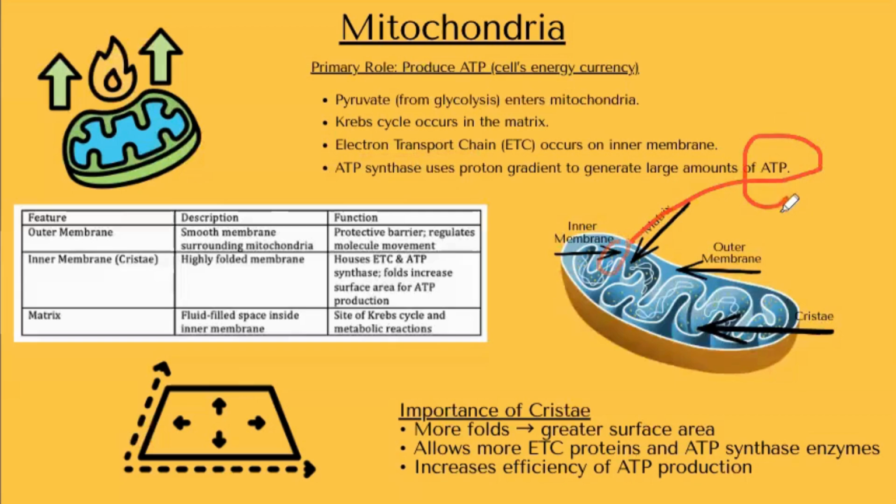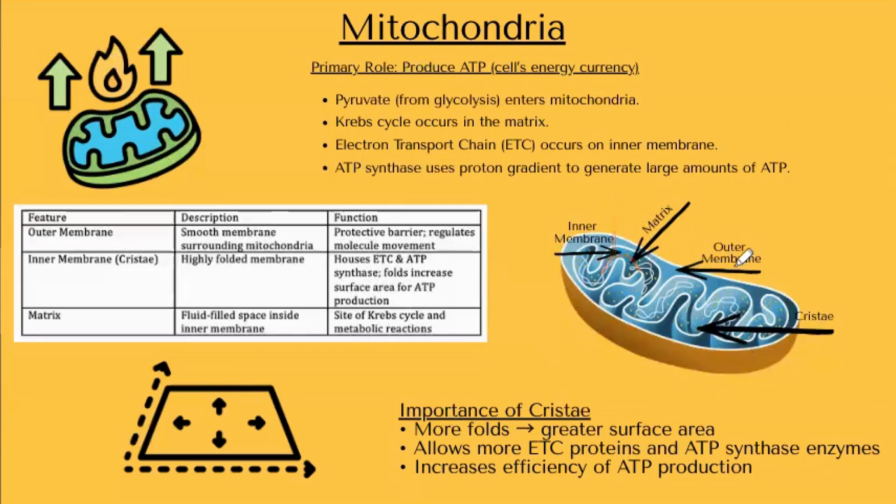Now, let's talk about the other structures here within the mitochondria. We talked about the matrix and we talked about the inner membrane. What about the outer membrane, which is right here? That outer membrane allows the mitochondria to be a double membrane. It's a very smooth surface, unlike the inner membrane, which has all these foldings in here.